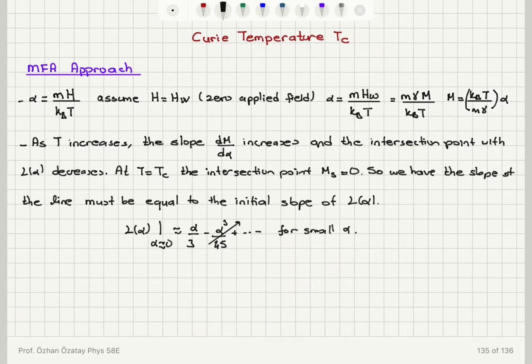Therefore, the initial slope will be alpha over 3.